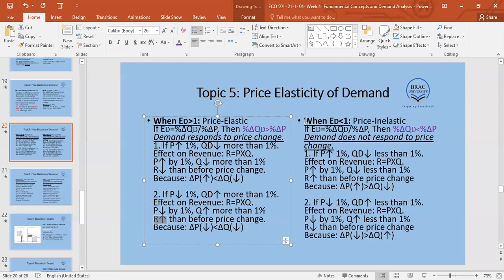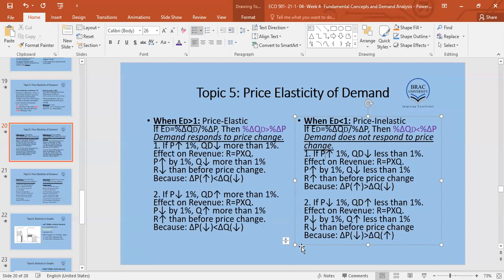The reverse will happen when elasticity of demand is less than 1. Elasticity of demand less than 1 means demand does not respond much to price. However, again, with the price increase and the price decrease, we will find different results. For example, with the price increase, if the quantity demanded response is less than 1%, revenue will increase.